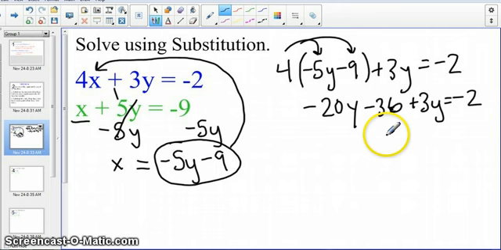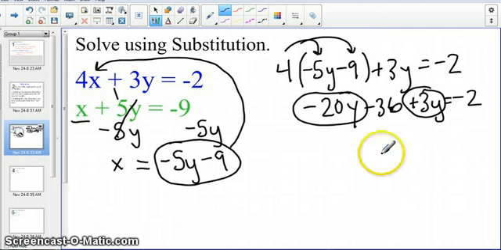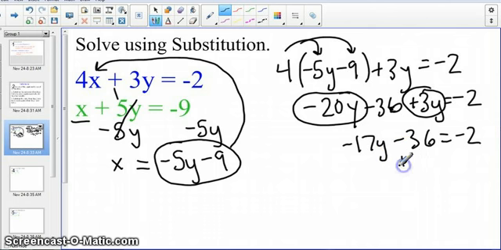So now we have a multi-step equation. We're going to combine our like terms. Remember, like terms are things that are similar to each other. They have same characteristics. So negative 20y plus 3y is negative 17y. I bring down the negative 36, set it equal to negative 2. There's two steps. I'll add 36 first to both sides.